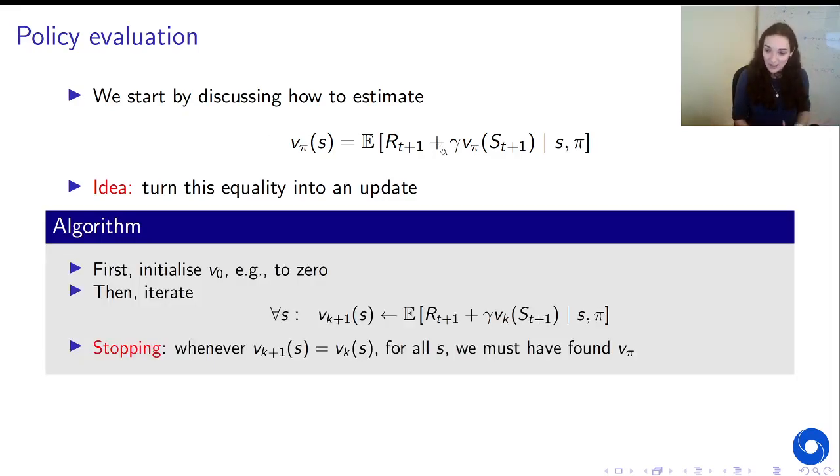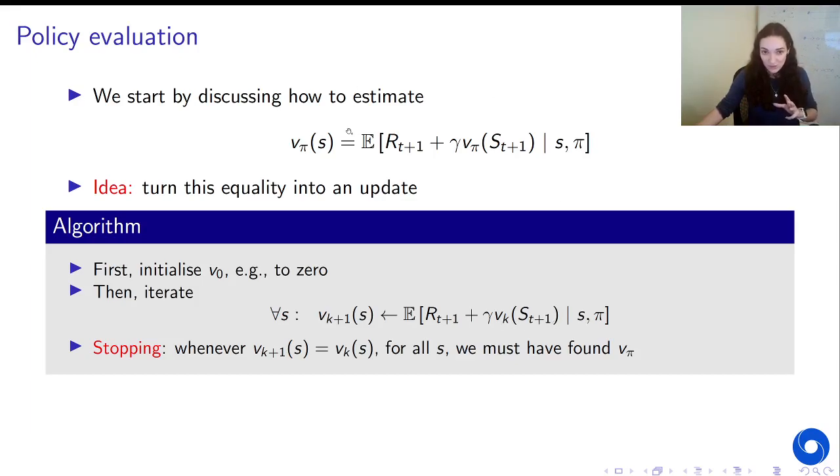We just initialize the values for all states in the MDP, and then we iteratively update these values according to this equation. So at iteration k plus 1, the value of a particular state would be updated towards the reward that you're gonna see in the next step and the value function computed from the previous iteration at the next state.